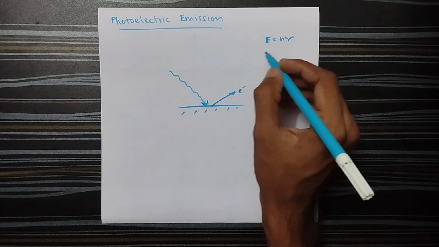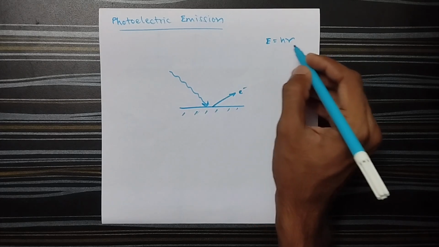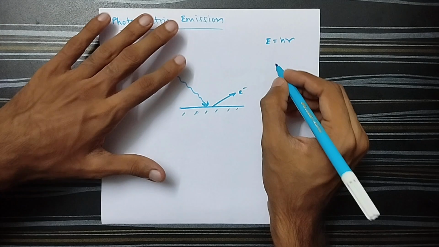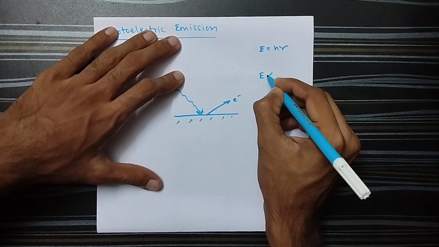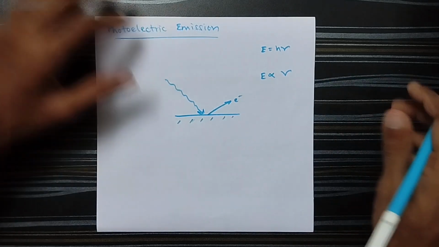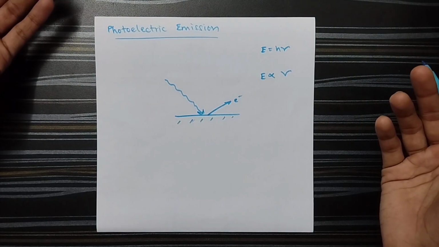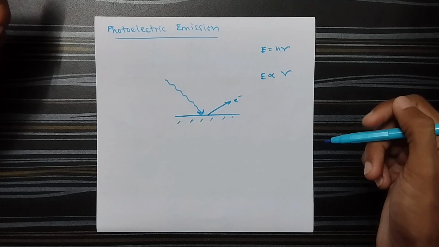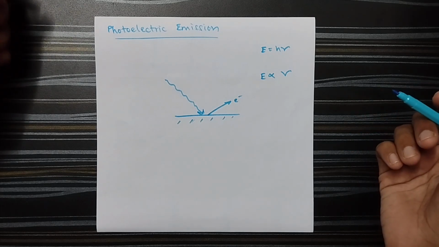What does this mean? Nu is frequency, E is energy, h is Planck's constant. So that's a constant. If we remove the equal sign, we have energy proportional to the frequency. Energy of a particle is directly proportional to the frequency of that particle.